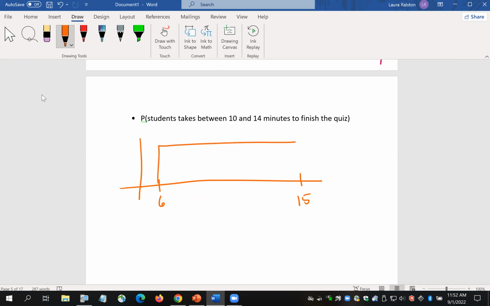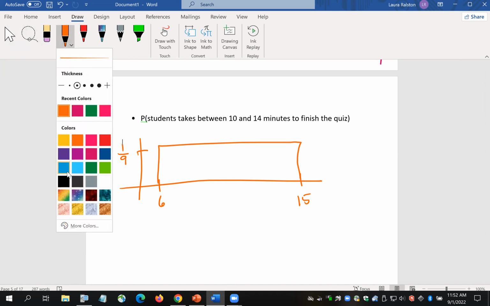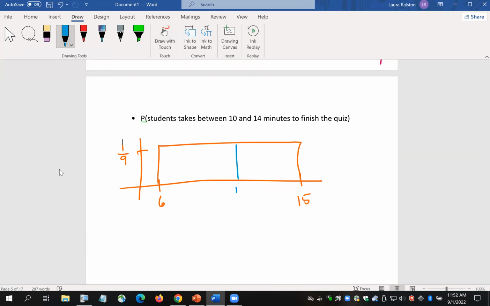I'm just roughing it in, and I know that my probability is 1/9. And so I want to consider between 10 and 14. And again, I can randomly mark 10 and 14, and I want to be between that. So I'm really looking for this blue shaded region, which is still a rectangle.